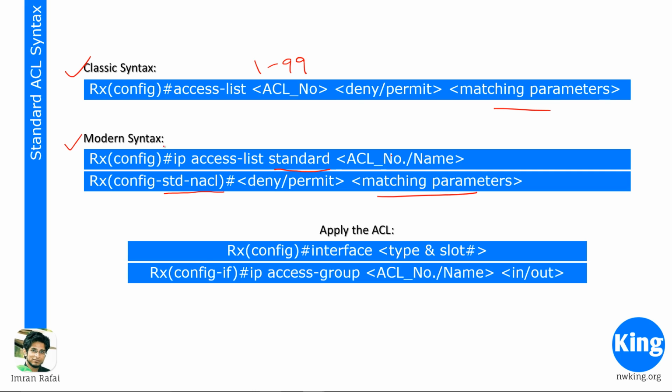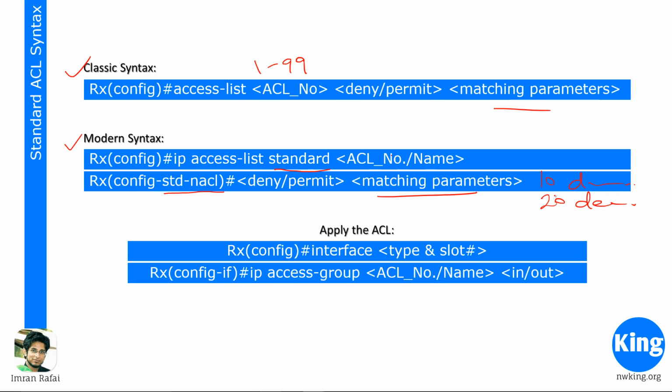But in the modern syntax, every time you enter a statement, the first command that you type gets sequence number 10, and then say deny whatever. You don't have to put this 10, it automatically comes in there. The second statement you put has sequence number 20, and it goes on. Now the order is very, very important.